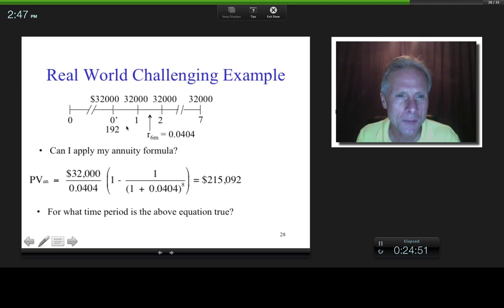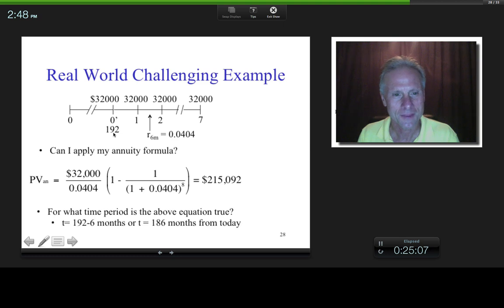Well, how long are these time periods? 6-month time periods, right? So you're working with an annuity where we're using 6-month time periods, an effective 6-month rate. So yeah, it's still one time period earlier than this 192, but it's 1 6-month time period earlier. And so what is 6 months earlier than 192? Well, it's a time period 186 months from today.